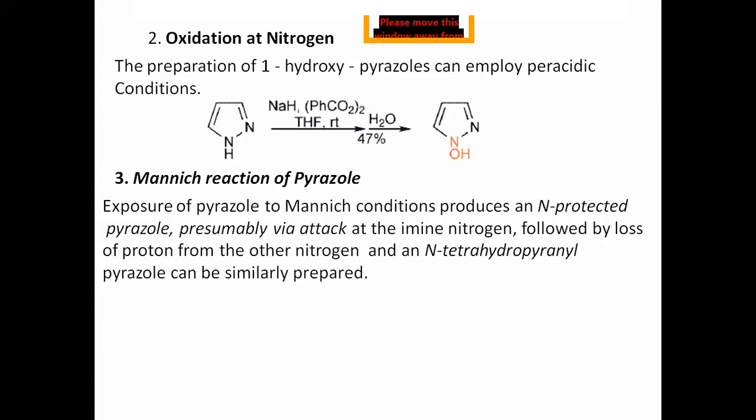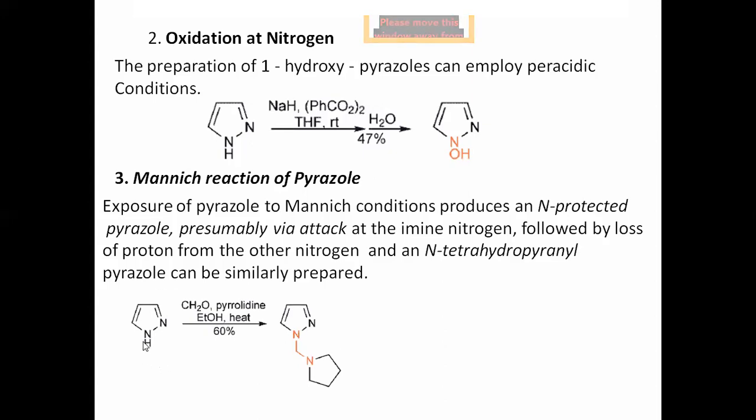There are many Mannich reactions available. Pyrazole is also a very important compound, and you can see the reaction here. In pyrazole, the NH is highly acidic. When you add formaldehyde or benzaldehyde, we can take either, no problem, and you take pyridine as a base, or a primary or secondary amine.